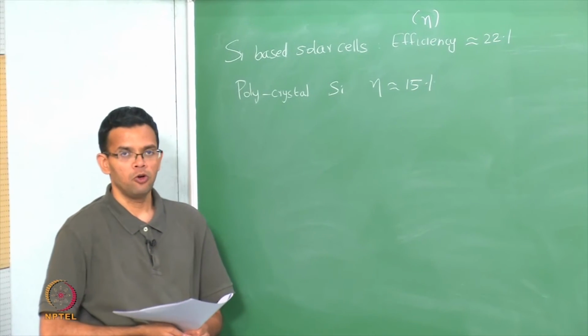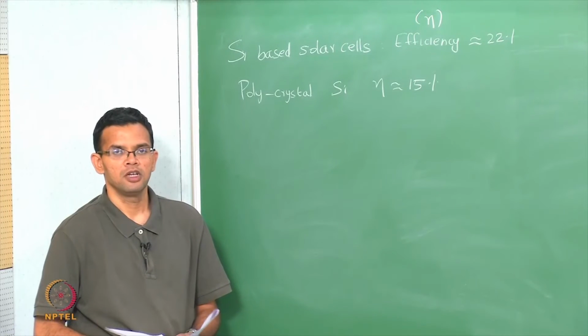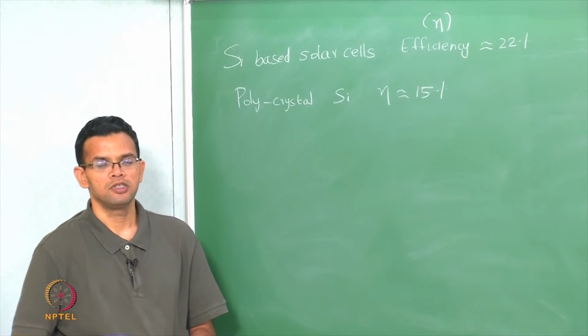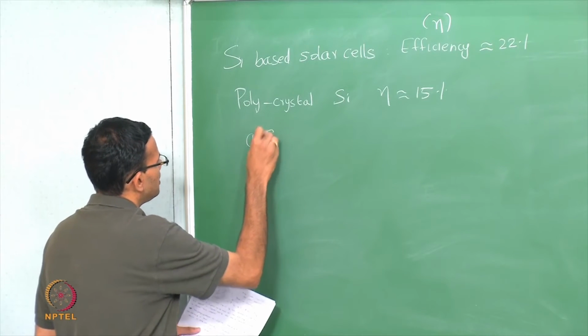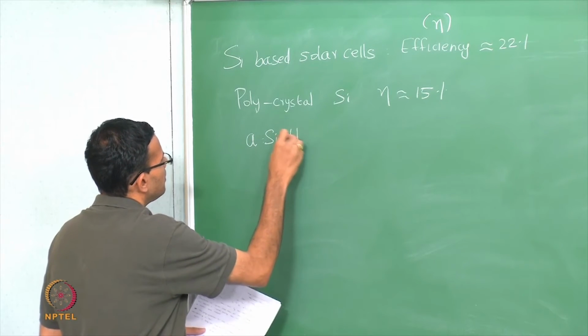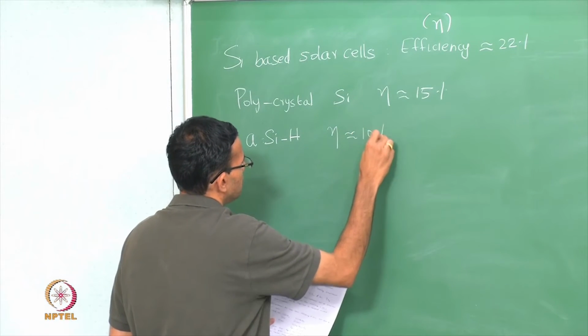You could also go for amorphous silicon based solar cells. The advantage is that the cost is reduced because you can directly deposit these on a glass slide. So, you can have amorphous silicon based solar cells, but the efficiency will drop even further.